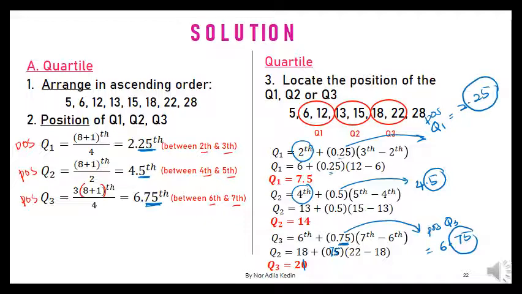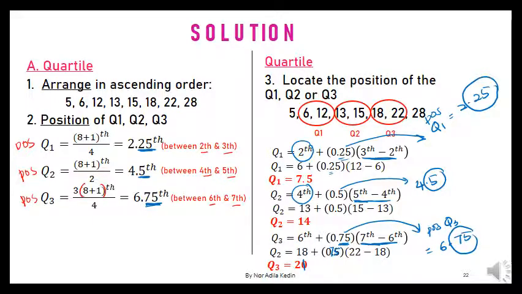Yang ini pula 3 tolak 2 sebab Q1 di antara 3 dengan 2. 5 tolak 4 sebab your Q2 di antara 5 dengan 4. This one kerana Q3 awak di antara 7 dengan 6. 7, 6 tu adalah kedudukan ke-7 dengan observation di kedudukan ke-6.